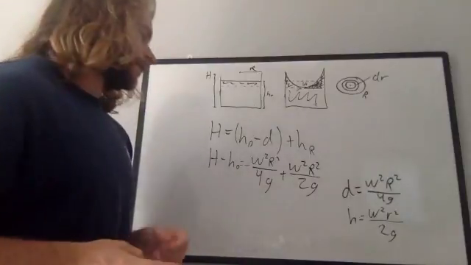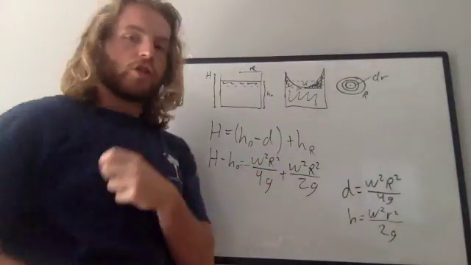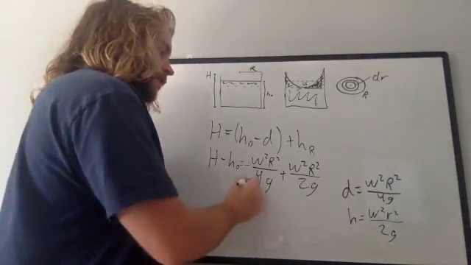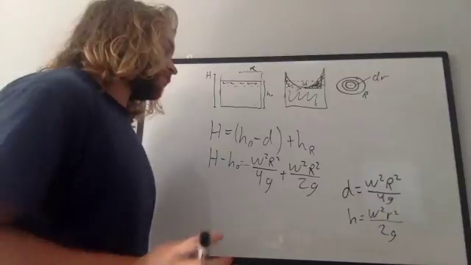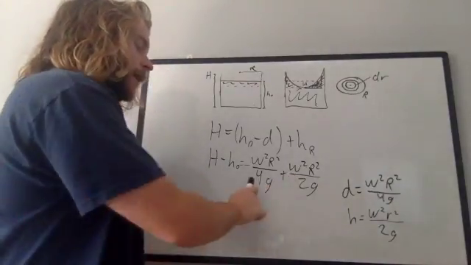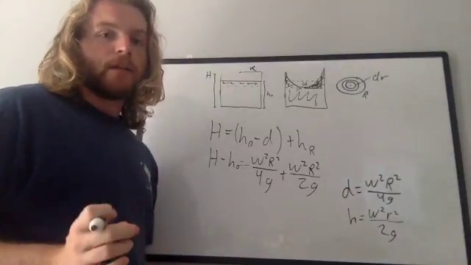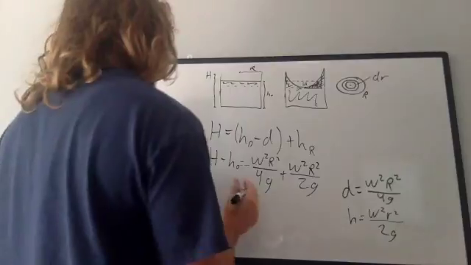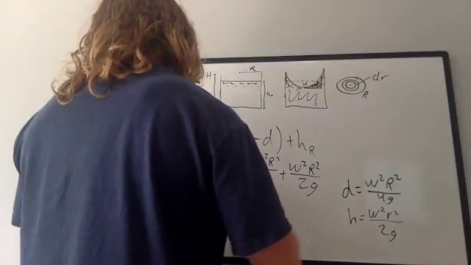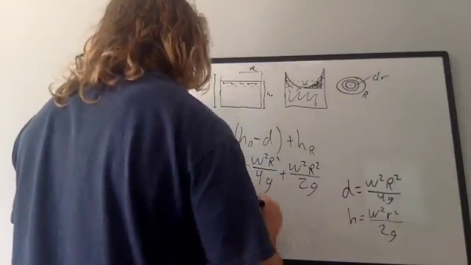And this is looking good right here. As we can see, we have our w squared r squared over g, and all that's really changing is our sign and the number we have in the denominator right here. So pretty much we can think of this as 1/2 minus 1/4, right? And what that's going to turn into is a positive 1/4. So we can go ahead and say that this is the height of the cup minus the initial height of the fluid with no angular acceleration.